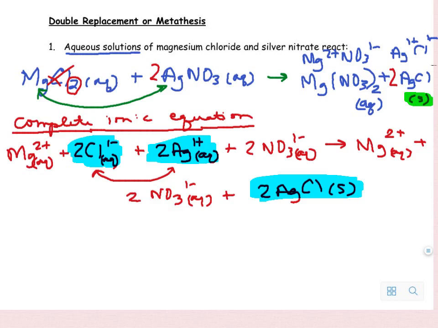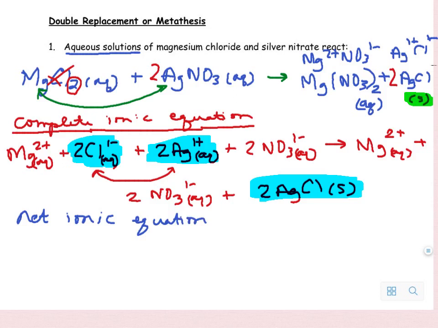What you should notice here in this reaction is that the magnesium and the nitrate are quite useless. They are exactly the same on the left-hand side and the right-hand side of the equation. Nothing has changed. So when you do the net ionic equation, you cancel whatever didn't change. And those substances that don't change are called spectator ions. Think about it this way.